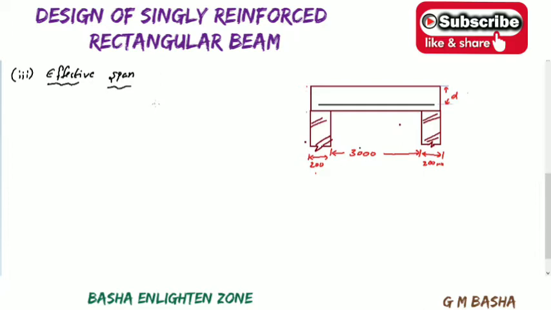Then what about your effective span? Effective span is denoted with LE. Your effective span will be in the range of center to center of supports, that is from the center up to the center.